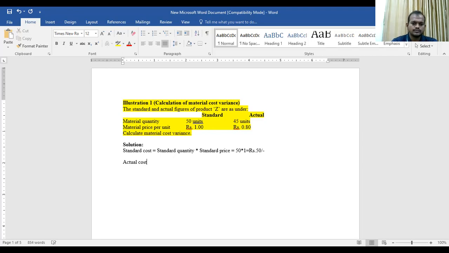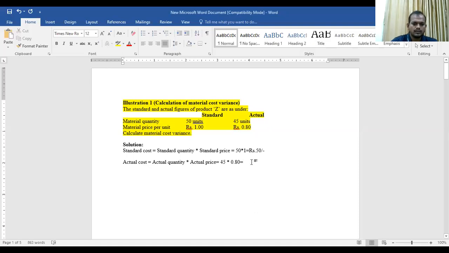Actual cost: actual quantity into actual price. So actual quantity is 45 units into price 0.80, so it comes to rupees 36.